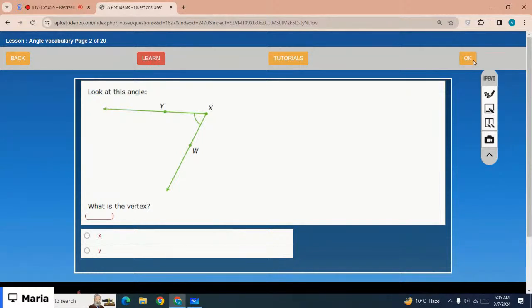Look at this angle. What is the vertex? So which is the correct option? Yes, the correct option is X. X is the vertex, right?